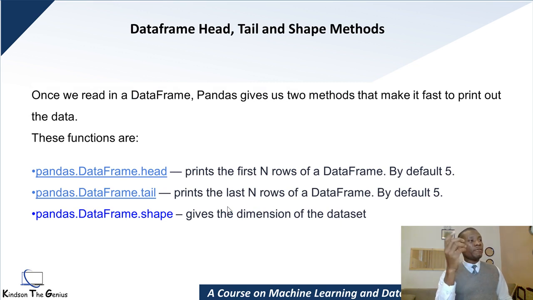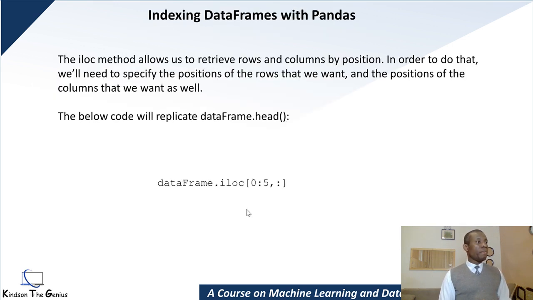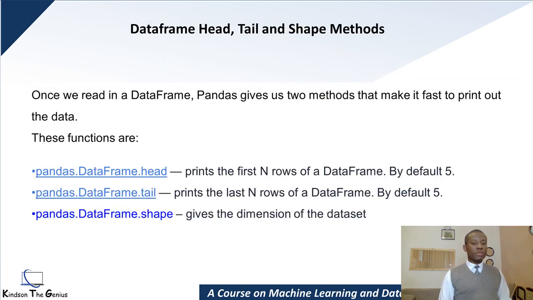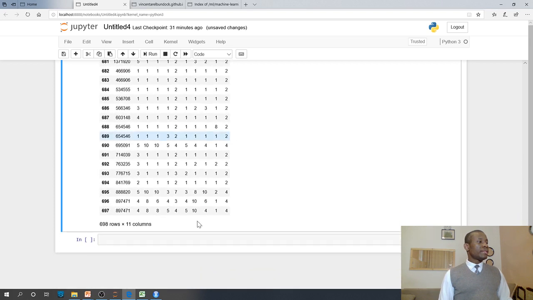Now, DataFrame head, tail, and shape methods. To view the first 5 rows, you use head. To see the last 5 rows, because a data set can have thousands of rows, you can use head and tail. I'm going to demonstrate it here.